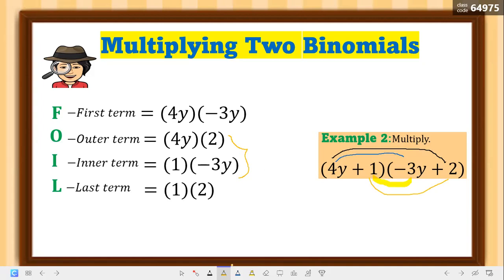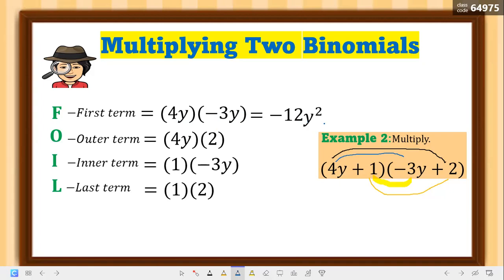Wait lang muna. Simplify muna natin pala before that. What is 4y times negative 3y? Negative 12. Okay, very good. Negative 12, and then what are we going to do with the variable? Y to the second power. Okay, very good.